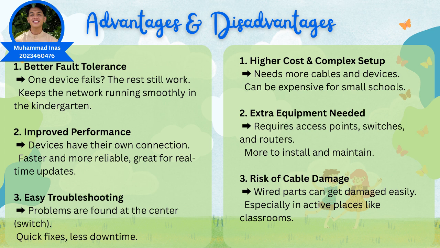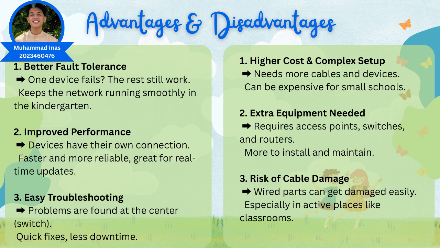So lastly is risk of cable damage. Wired parts can be damaged easily, especially in active places like classrooms. Although many devices connect wirelessly, the core of the network still depends on physical cabling, especially between the switch, router, and server.